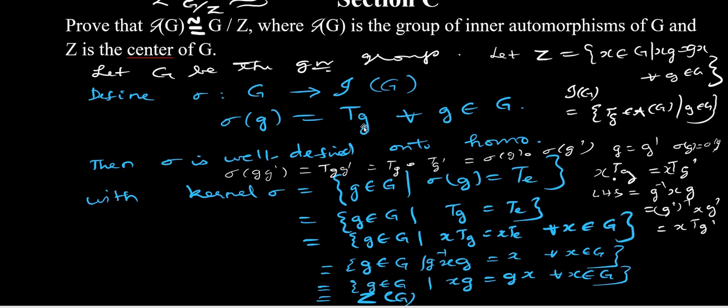But sigma of g is Tg. So you have this to be equal to all those g in G for which Tg equals Ta. But mappings being equal implies that the images are equal for every x in G. And so again, this is nothing but the set of all g in G such that g inverse xg equals x for every x in G.